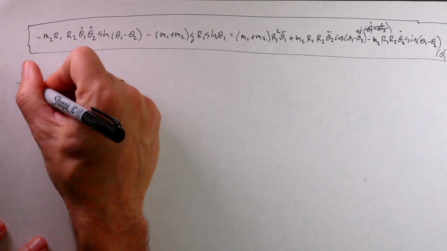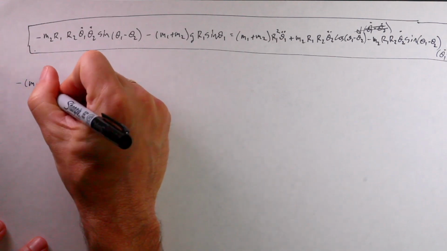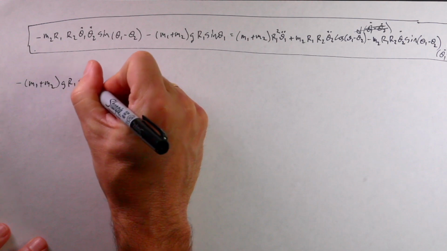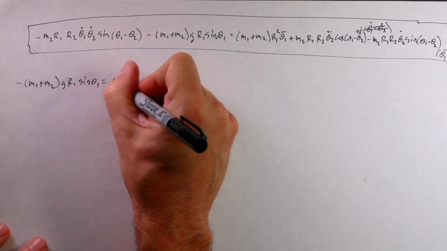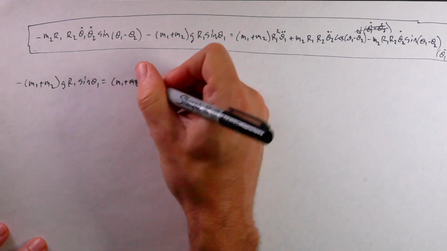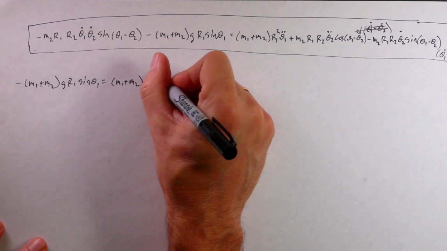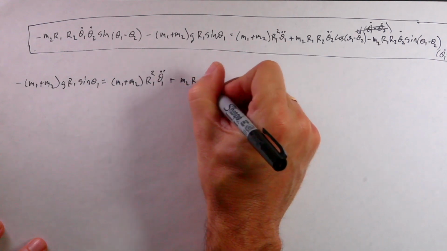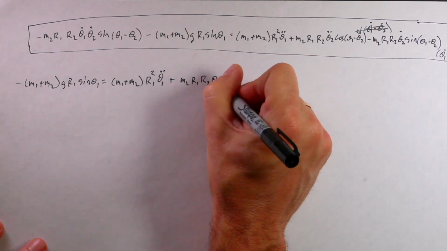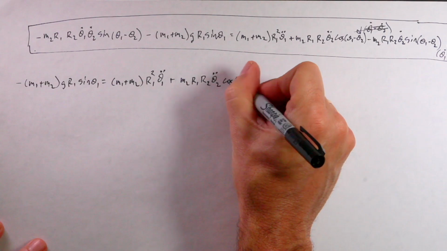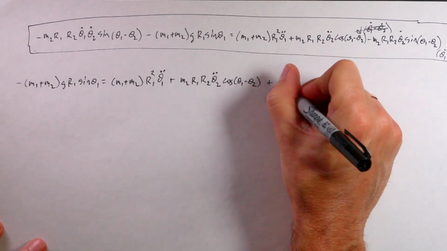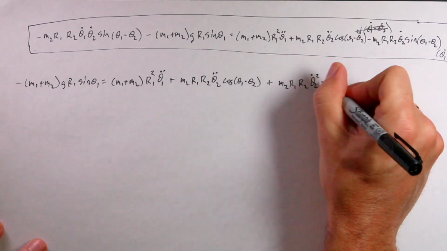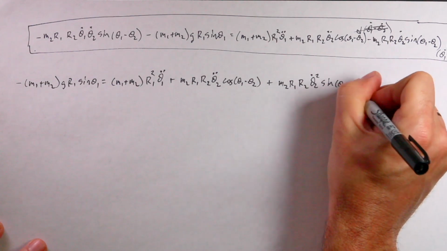I get minus M1 plus M2 g R1 sine theta 1 equals M1 plus M2 R1 squared theta 1 double dot plus M2 R1 R2 theta 2 double dot cosine theta 1 minus theta 2 plus M2 R1 R2 theta 2 dot squared sine theta 1 minus theta 2, right?